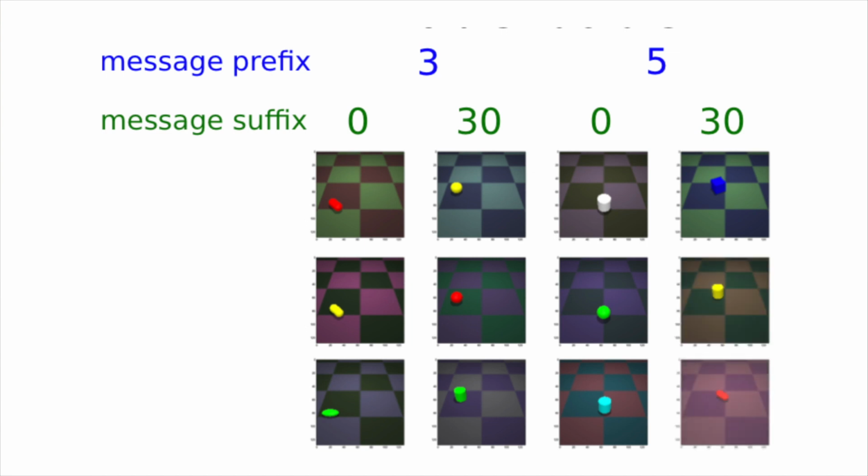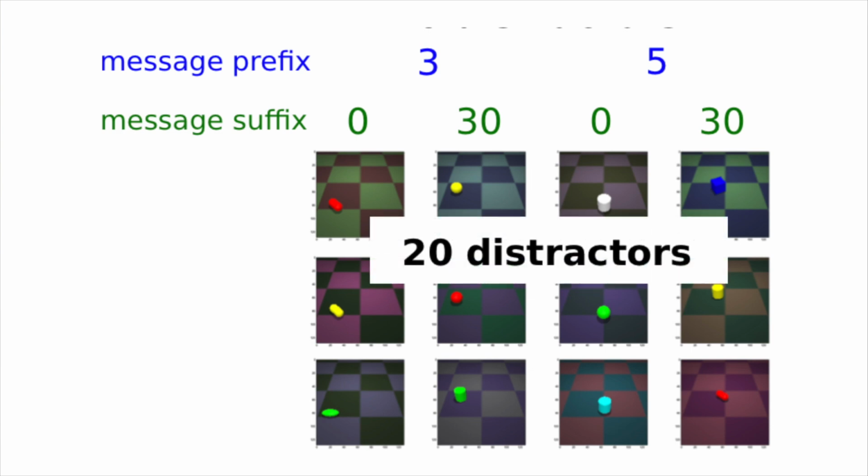So now basically the up and down is the same as the 3 and 30. So it looks like the 30, the second number, the suffix, is representing how far up or down. But the 5 is a different position horizontally than the 0. So basically one of these numbers is being used to represent the X and one of these numbers is being used to represent the Y. So that's kind of interesting.